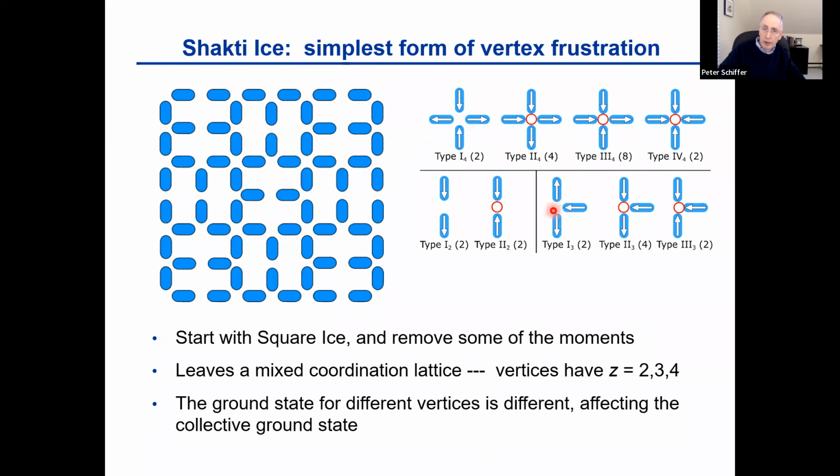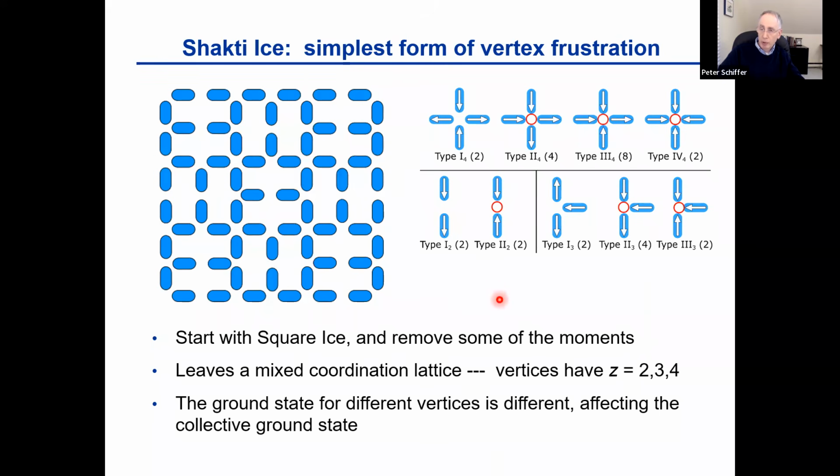The ground state of the 3 island vertex is very similar. Basically, we just got rid of one of the islands from the 4 island vertex. But the 2 island vertex is quite different. The ground state has the islands across from each other aligned, which is different from the ground state here, which means that this sort of tiling is incompatible with this sort of tiling. So you can't end up with the ground state for every vertex in the lattice.